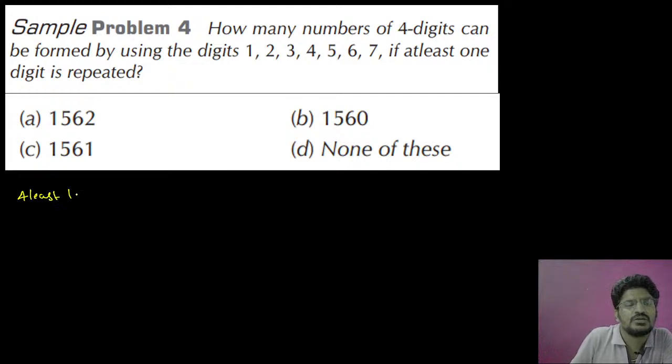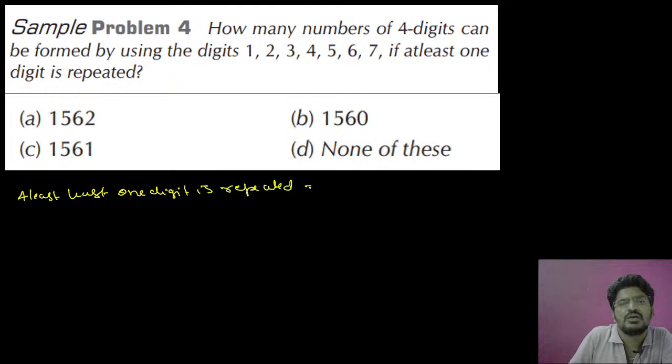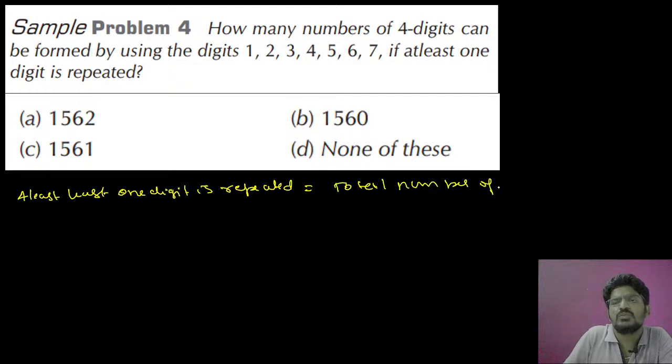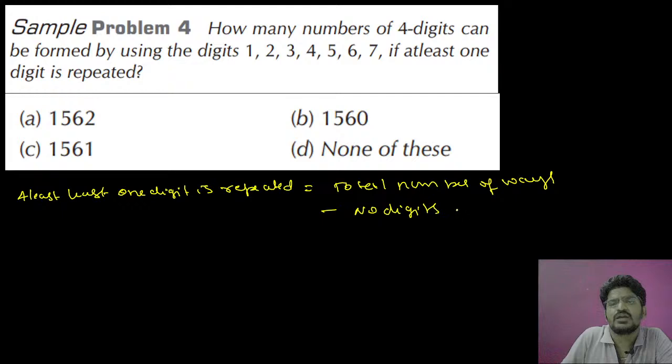At least one digit is repeated is equal to total number of ways minus no digits are repeated.